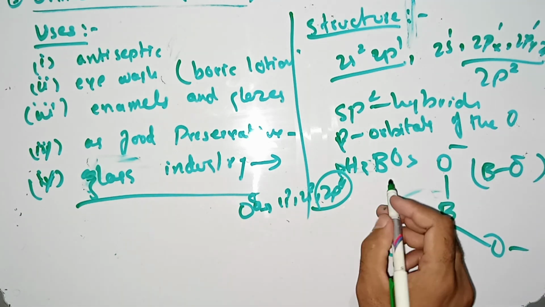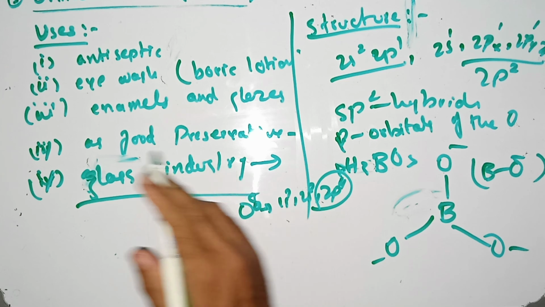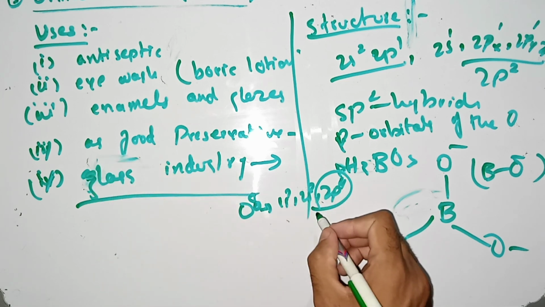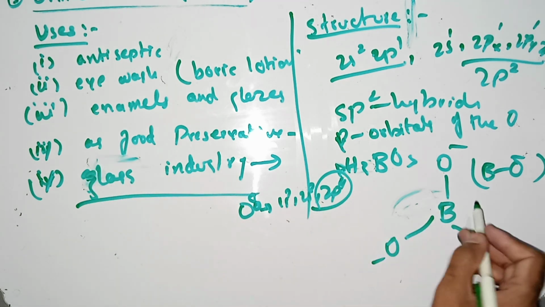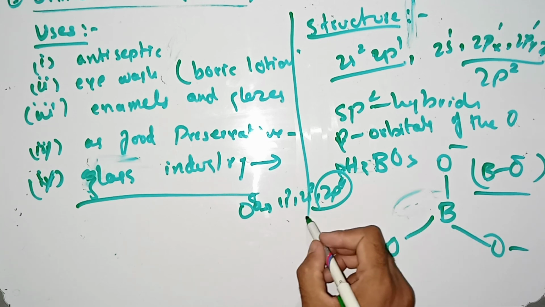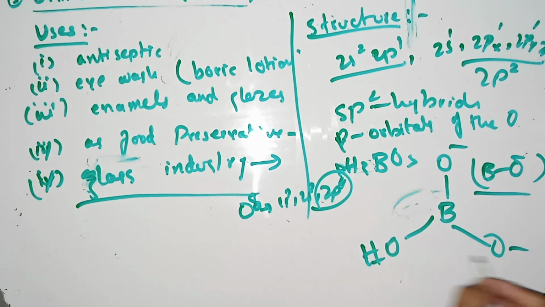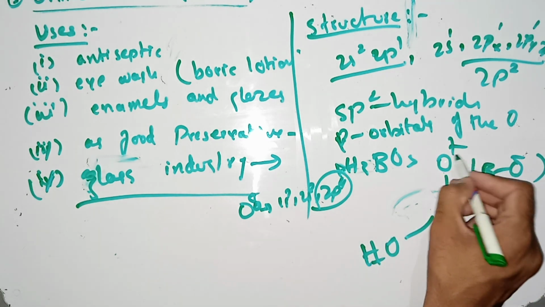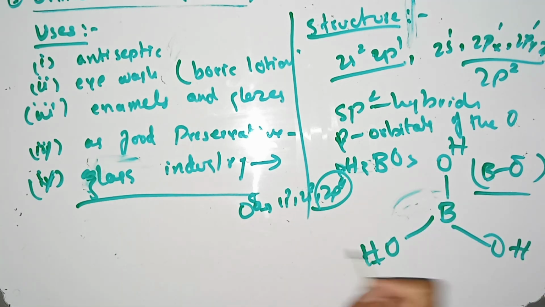After that, in orthoboric acid, these three units are joined with hydrogen, and it becomes orthoboric acid. This is the orthoboric acid structure.